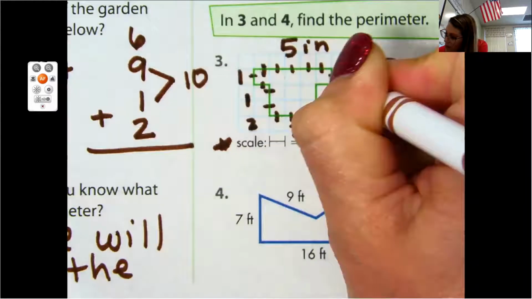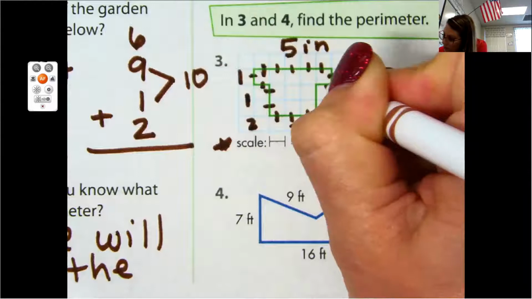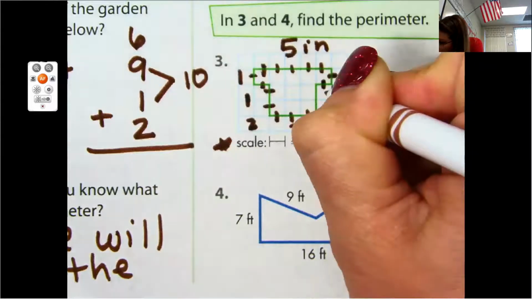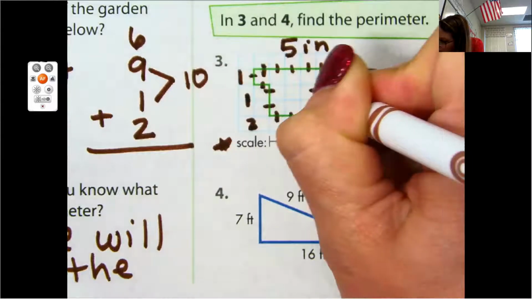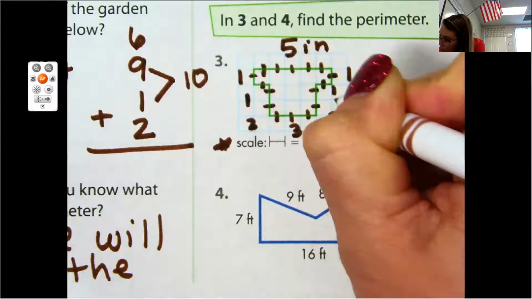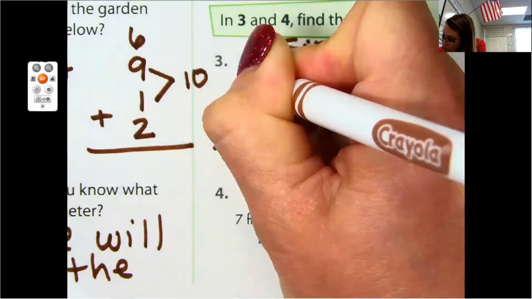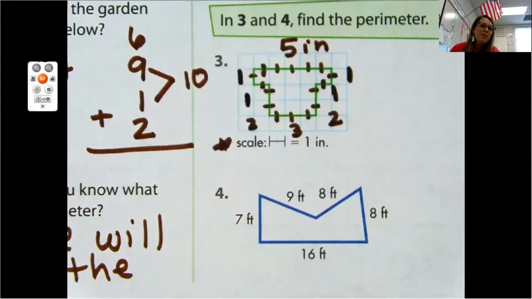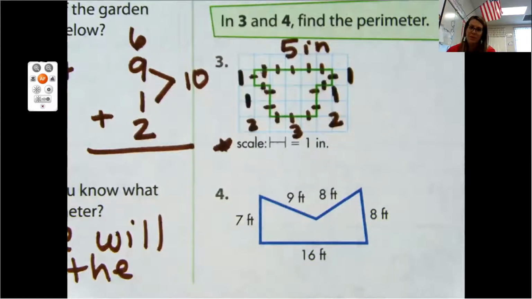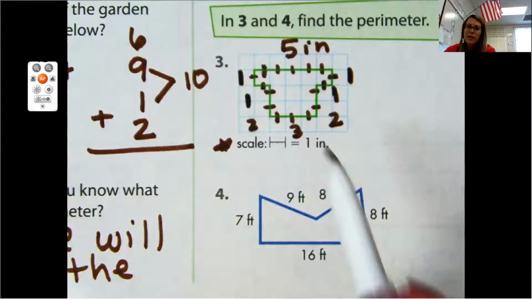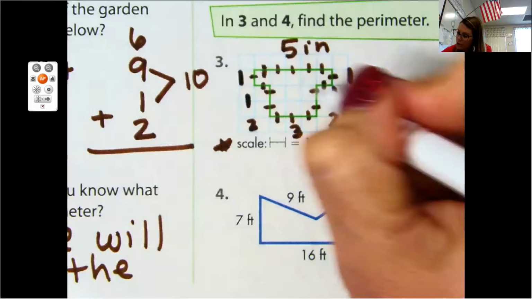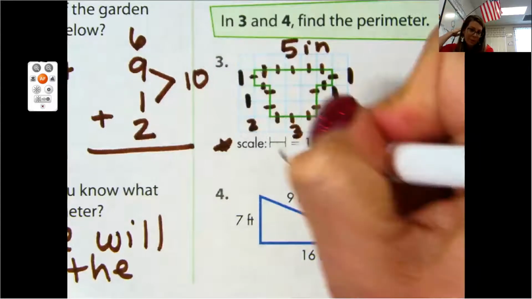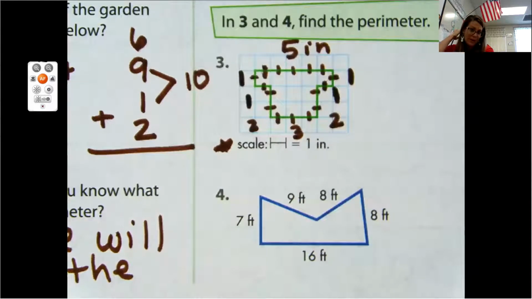Over here, we have 1. Right here, we have 1. And then we have 1, 2. And we know they were all inches. Okay, so we have a lot of numbers to add up. If you're doing it like mine, make sure you're making it nice and big so that you can read it and you can count and add them all together.